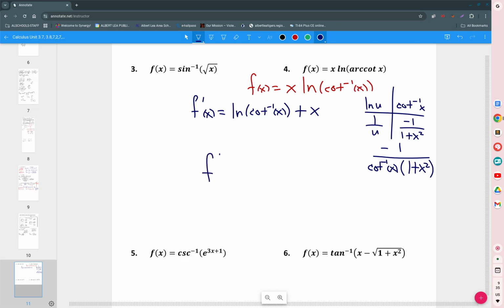So there's really no algebraic simplifying in this process. We're just going to write the natural log of cotangent inverse of x, and then instead of plus, I'm going to write minus x over cotangent inverse of x times 1 plus x squared.